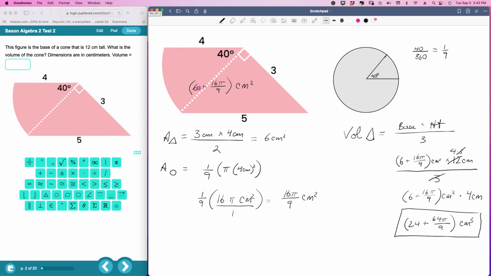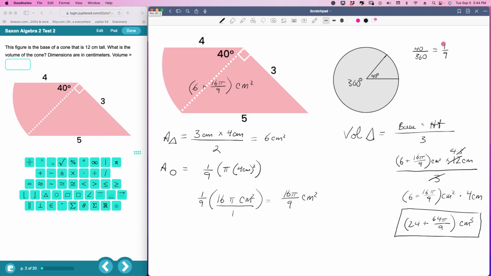Okay? So just think about when you're looking for a sector of a circle. The whole circle is 360 degrees. You're just going to write a fraction that tells me the degree of the sector, 40, out of the whole circle, which is 360, and then reduce that to a fraction.